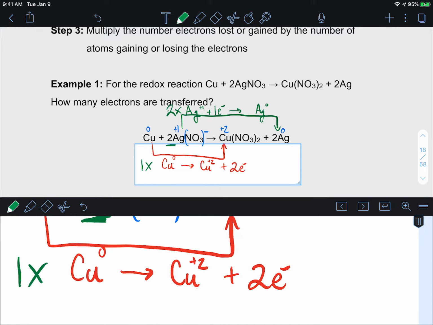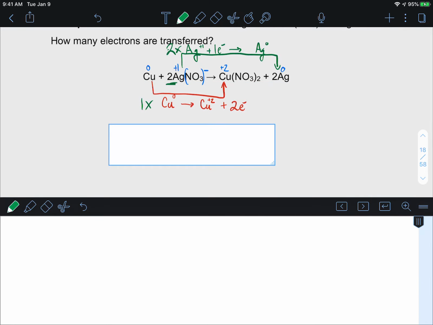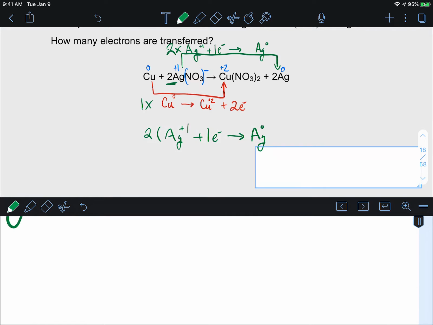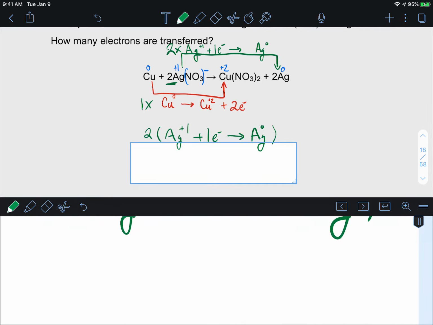An actual approach you can take is 2 times the silver half reaction to a silver metal. So this half reaction we're doing twice, and we're also going to be doing the copper reaction.